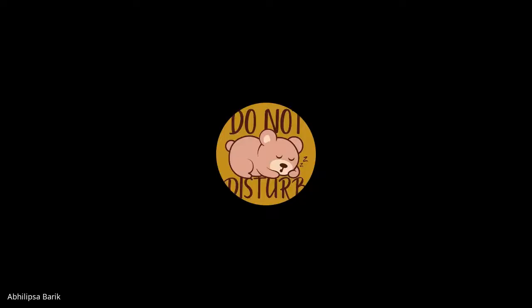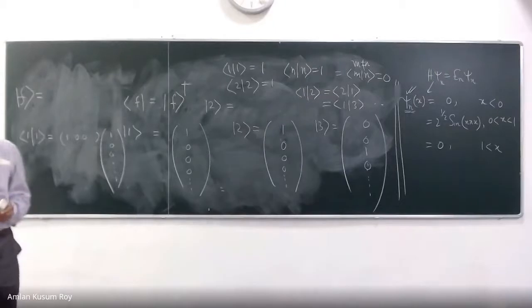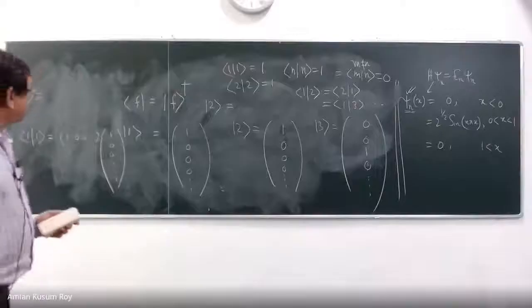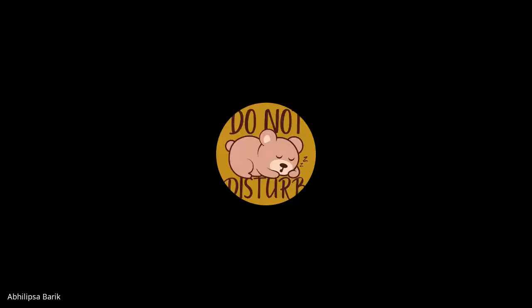So it will be a row vector 1, 0, 0 in product with the column vector 1, 0, 0, 0. So that gives me 1.